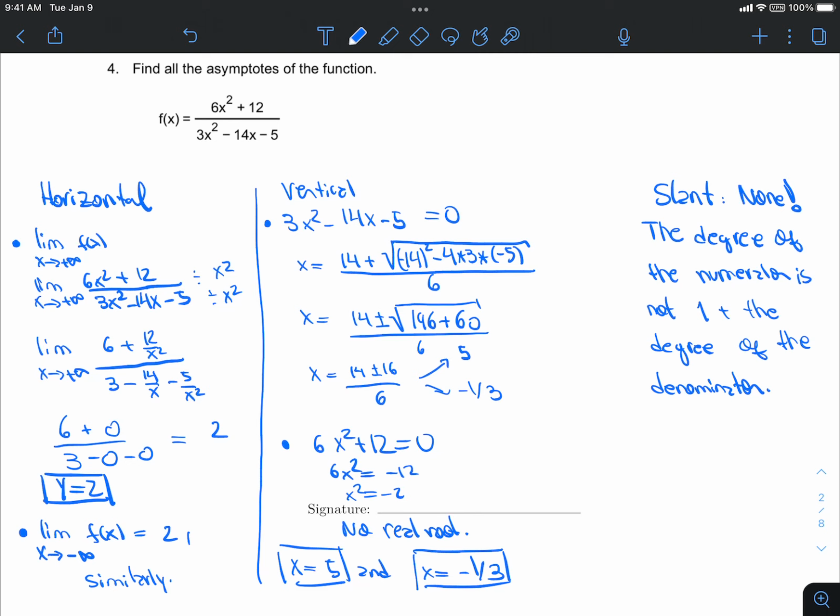So what you need really is to write f of x as some mx plus b, and some other function. This is the slant asymptote. And this needs to tend to 0 when x goes to plus or minus infinity.